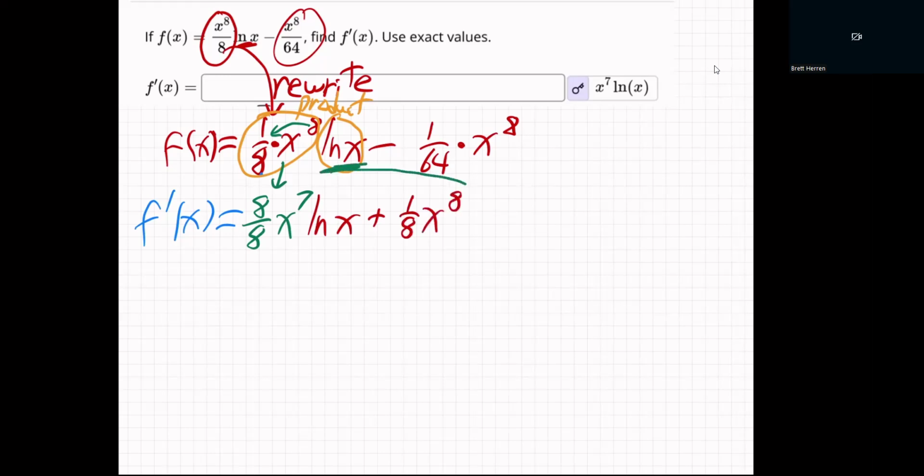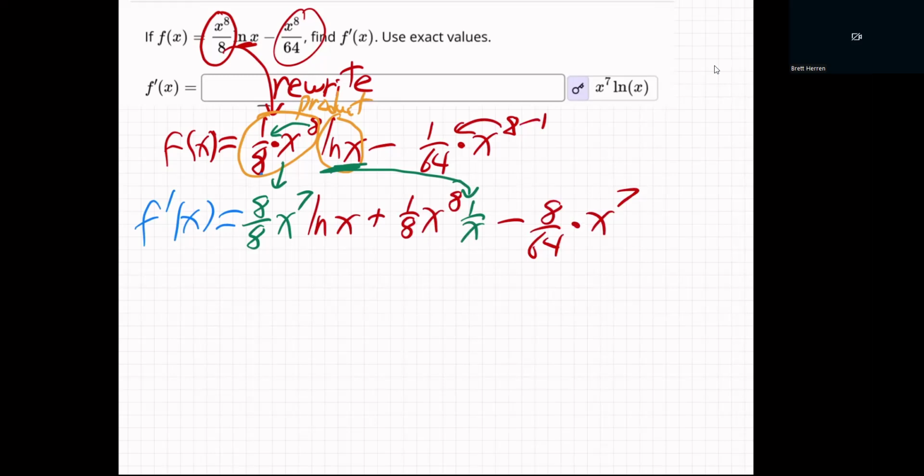Now it's the derivative of the ln's turn. What's the derivative of ln of x? 1 over x. Minus, and then we do the other one. The 8 will come down, 8/64 times x to the 7th, subtract 1 from the power.